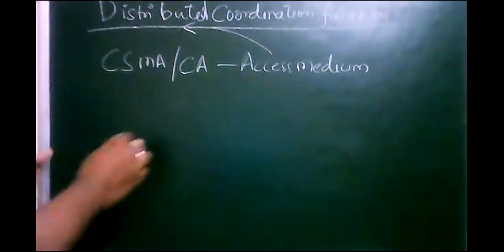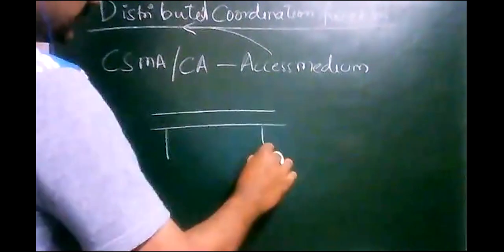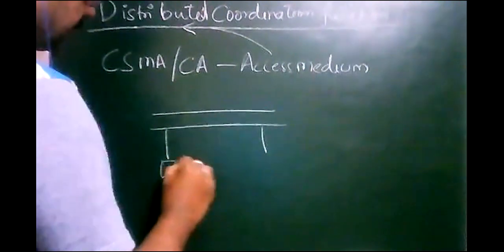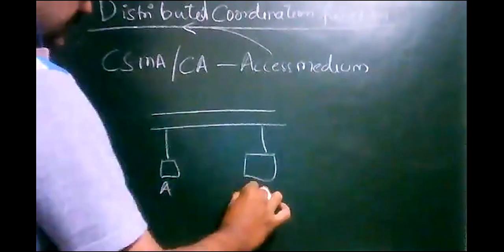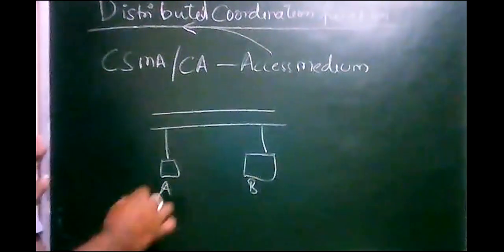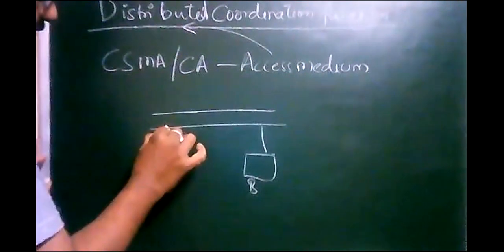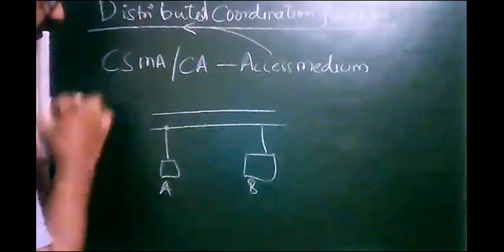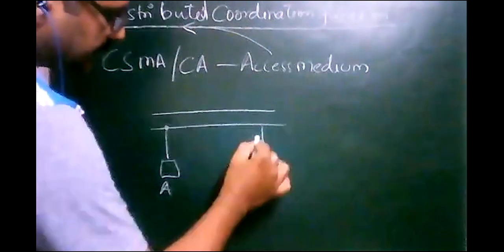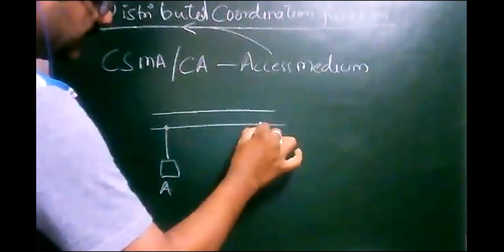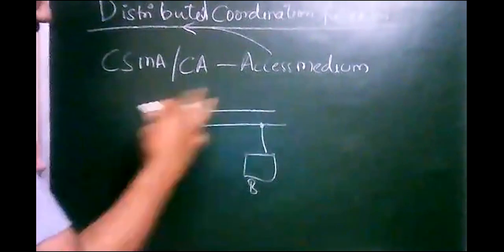Let us say there is a channel, some LAN connectivity, with one station A and another station B. This station will sense the carrier up to this point only. It will not sense the whole channel. Similarly, this station will sense only over here.